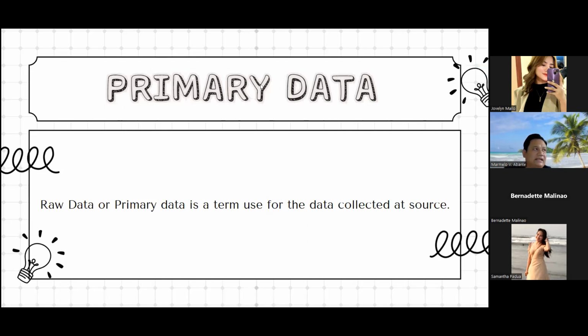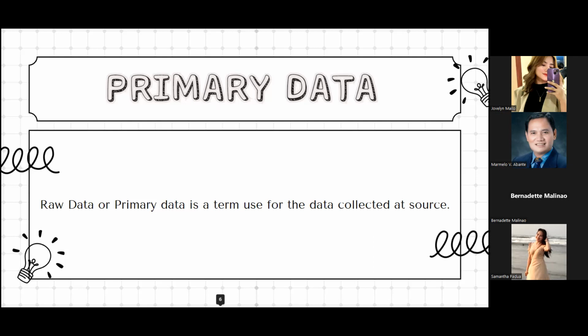It is data collected directly from first-hand sources by means of survey, observation, and experimentation. It refers to the data that is collected and that will be processed to become more understandable information. Since data is collected directly from the source, it is usually not yet processed, filtered, cleaned, or visually presented, and that is considered raw data.